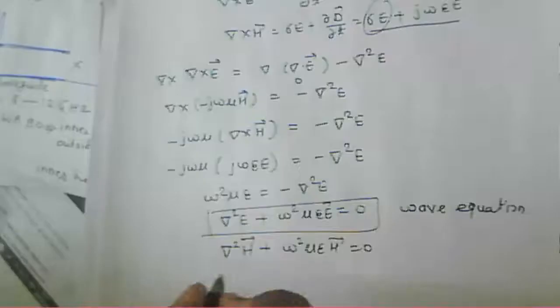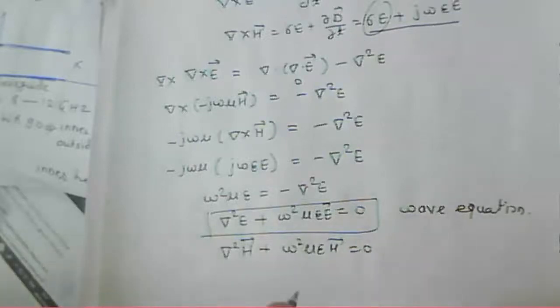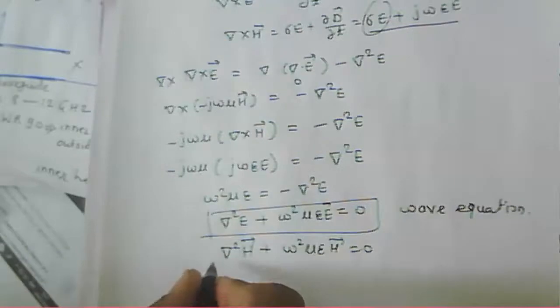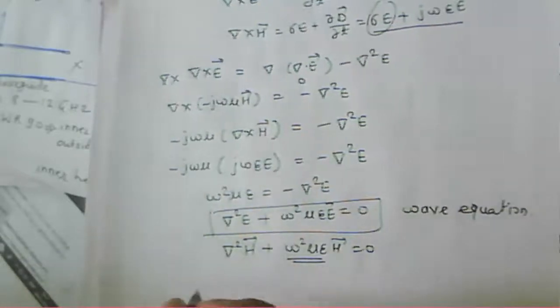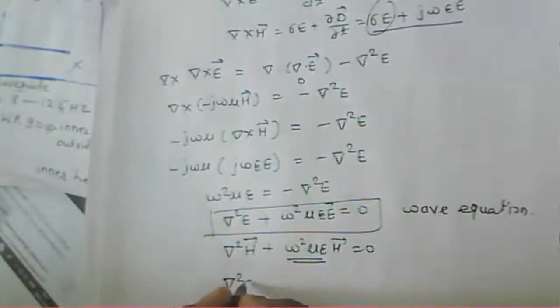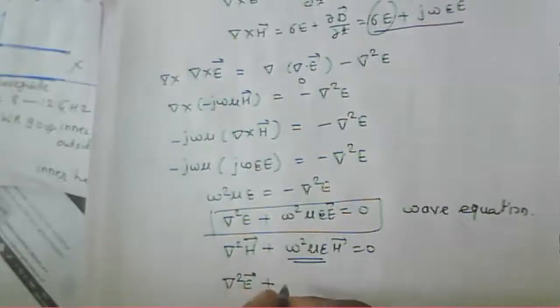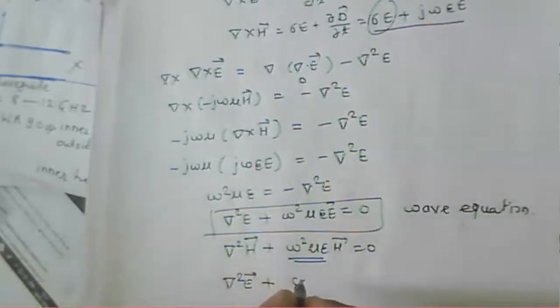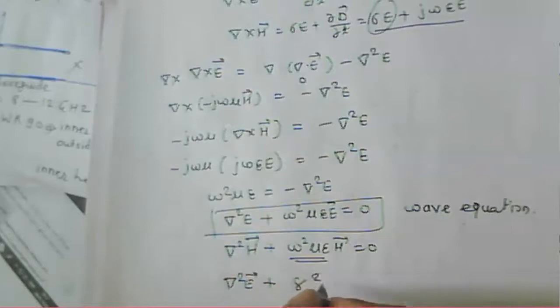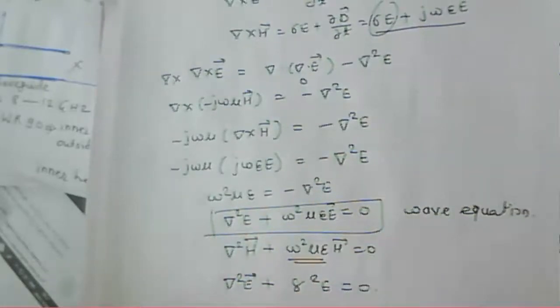Now we write this factor in terms of a propagation number, or wave propagation constant gamma: del square E plus gamma square E is equal to 0. What do you mean by gamma square?